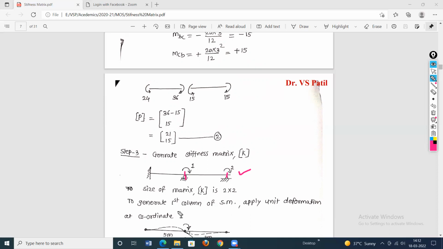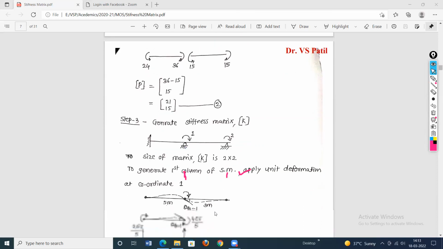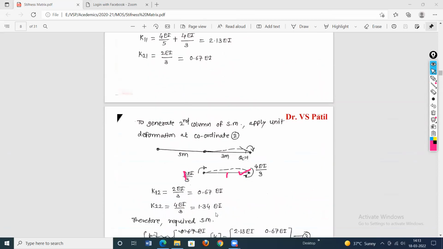But when the answers are determined, both are negative. That means our assumption is wrong. The unknown displacements at 1 and 2 are negative, in the sense that they are anti-clockwise. So the slopes at point B and point C are anti-clockwise.